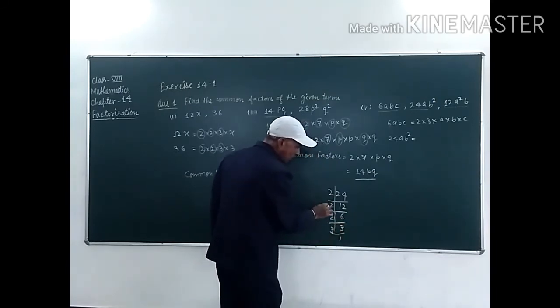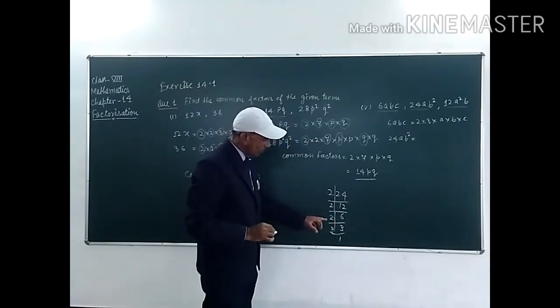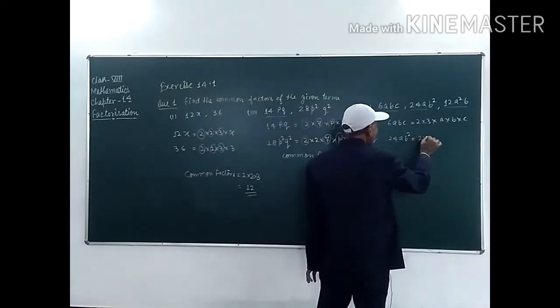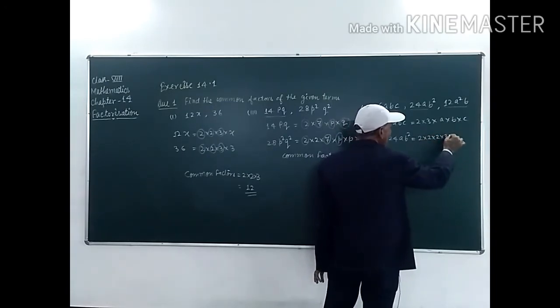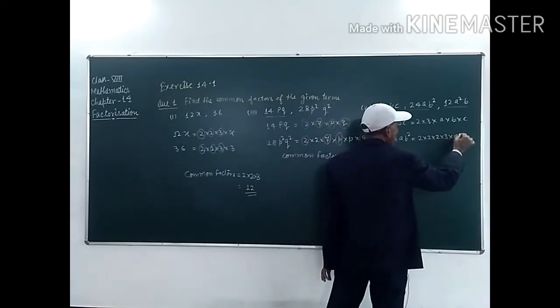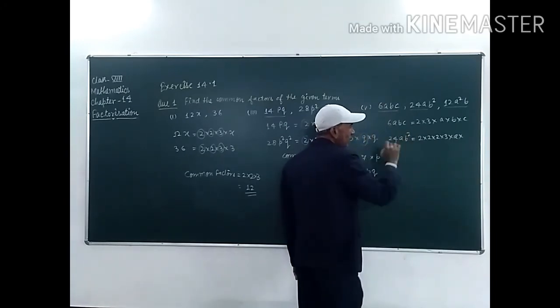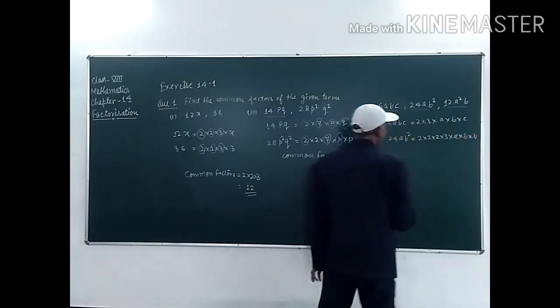So 2 into 2 into 2 into 3. 2 twos are 4, 2 fours are 8, 3 eights are 24. So it will be 2 into 2 into 2, 3 times, that is 8 into 3, 24, into a one time here, students. So a into b square, it means we have to write b two times, b into b.